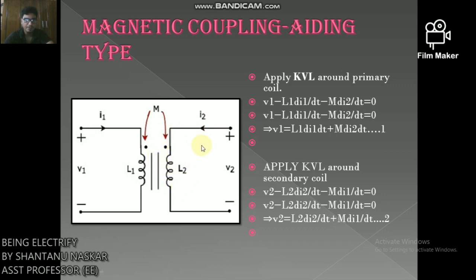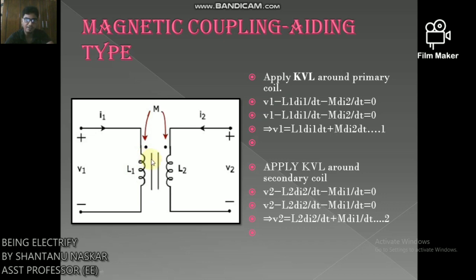The currents flowing through the primary and secondary coils are I1 and I2 respectively. In this case, the currents enter at the dotted terminal of the respective coils. Hence, the induced voltage in each coil will have positive polarity at the dotted terminal due to the current flowing in the other coil.